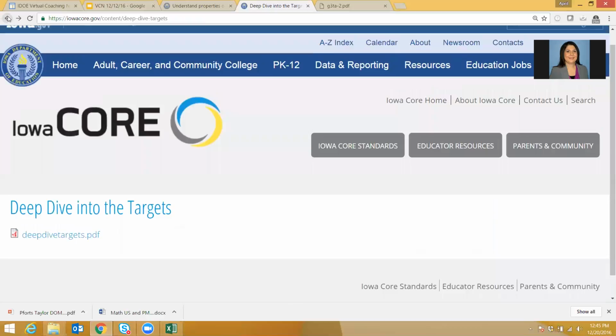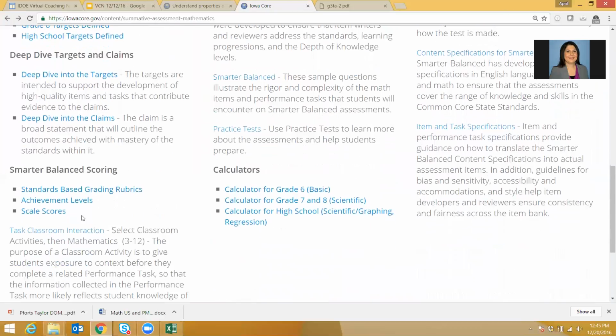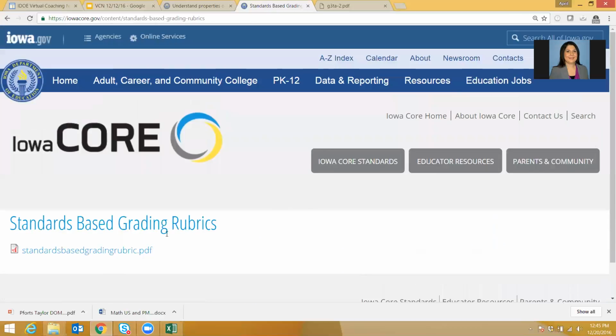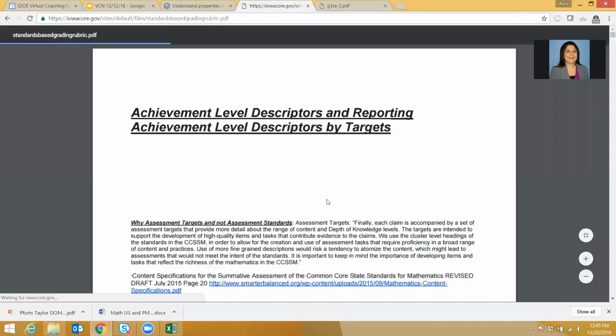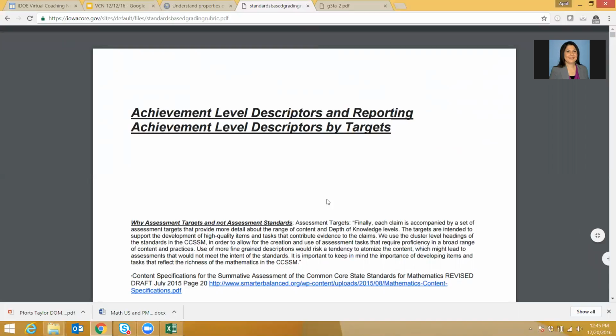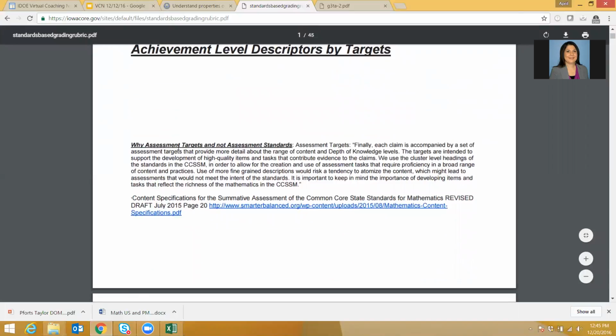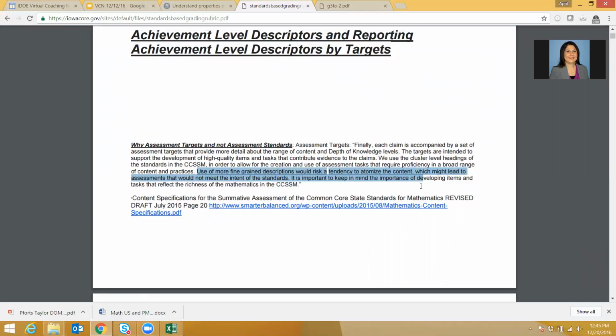So let's go back. The last thing, and I'll just touch base on this here, is the rubric that they put out for the achievement levels. They explain here why we use assessment targets and not assessment standards. And the big reason is because they say use of a fine-grained description would risk a tendency to atomize the content, which might lead to assessments that would not meet the intent of the standards.